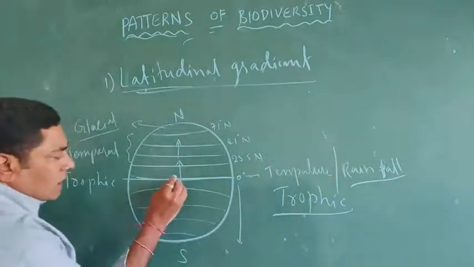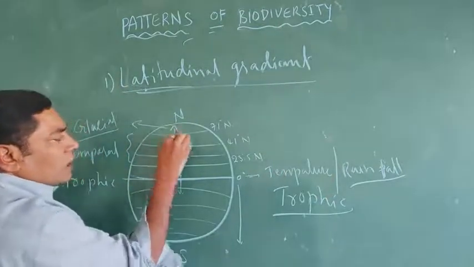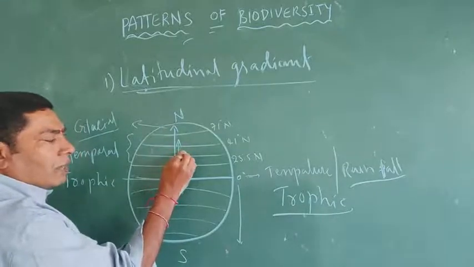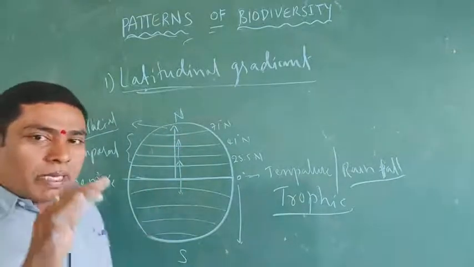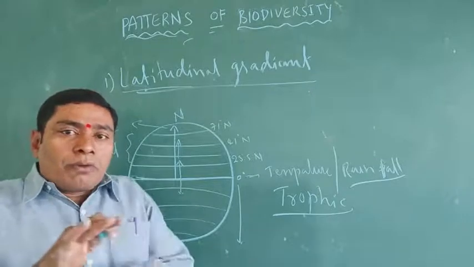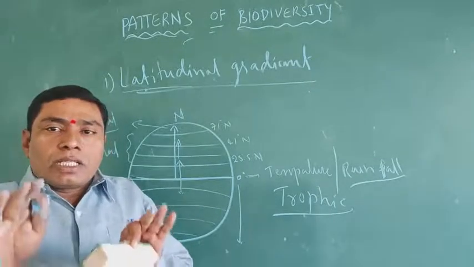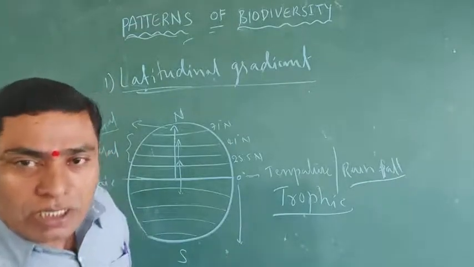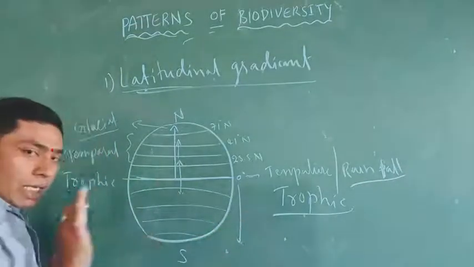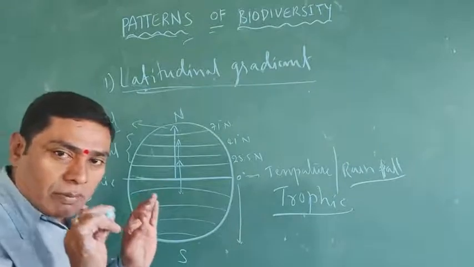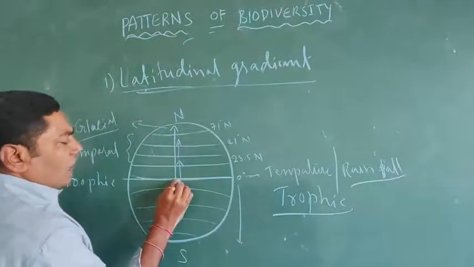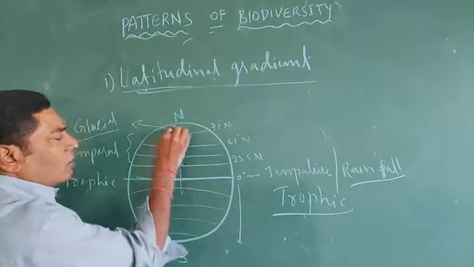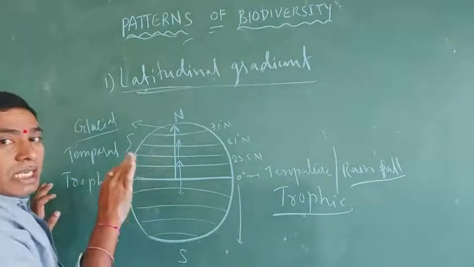When temperature and rainfall decrease, plant growth also decreases. That means food productivity decreases, and that affects animal diversity, so the biodiversity also decreases. So the first thing to remember is that when the latitude increases, the biodiversity decreases.